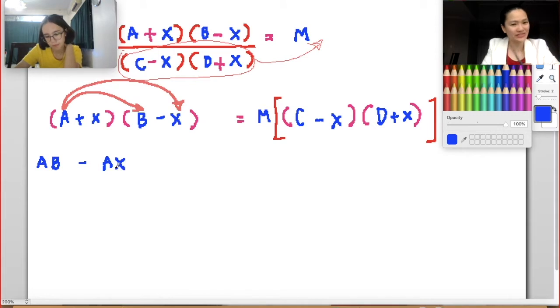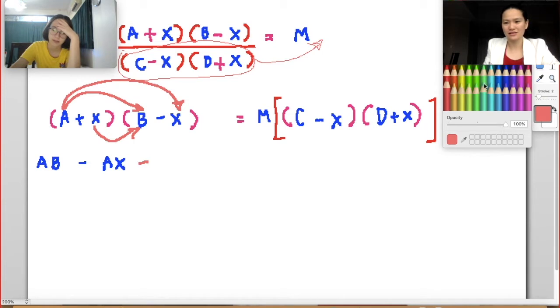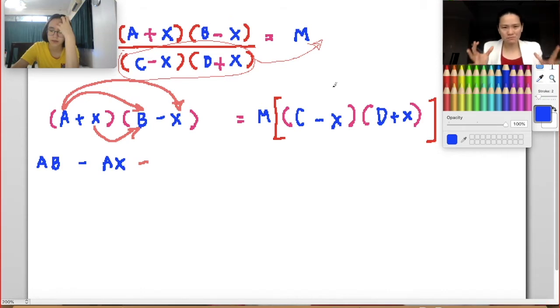Is that correct, Jasmine? Yes. The next one, multiply x with b, turns to positive xb. Actually, it could be positive xb, but we know that we try to find x.